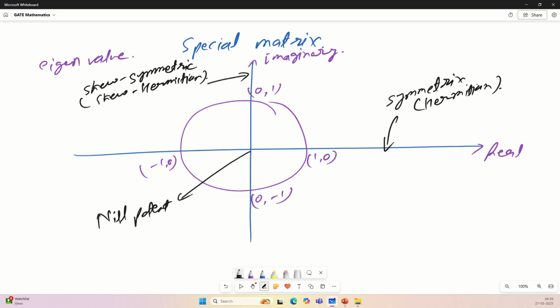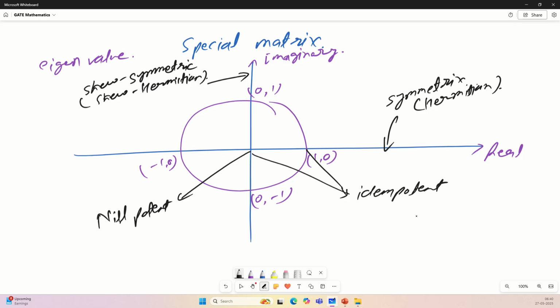And for idempotent, all the eigenvalues will be either 0 or 1. Okay. So this will be the idempotent matrix. So either eigenvalues will be 1 or 0 for idempotent matrix. Okay. What about involutory matrix?